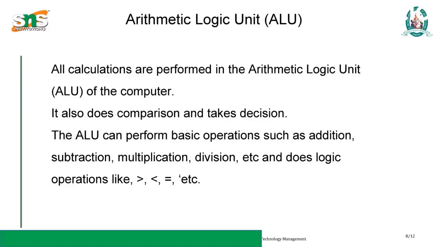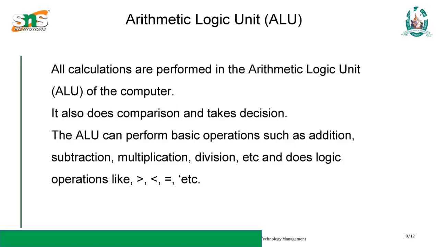It does comparisons and takes decisions, with basic operations such as addition, subtraction, division, and multiplication, and logical operations like less than, greater than, less than or equal to, and greater than or equal to. All the logical calculations are performed by the arithmetic and logic unit. All mathematical processing, all types of processing, is done in the ALU.